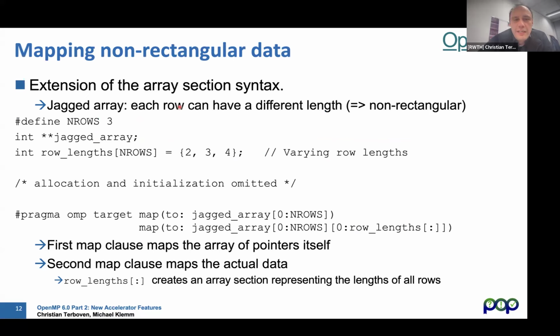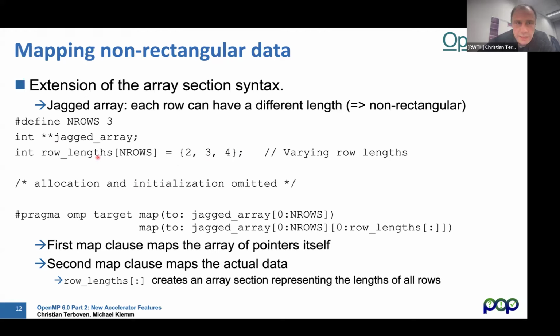That means if we have an array, which is a pointer consisting of pointers, where we have, for the sake of simplicity here, 3 rows of varying row length. So at the end of the day, we have a non-rectangular memory space that we intend to map to the array. This has recently been made possible in OpenMP.